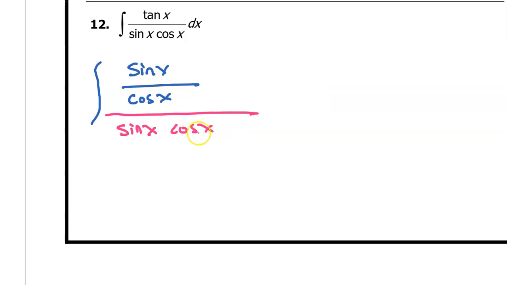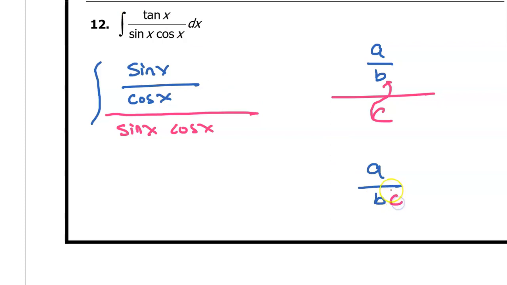When you divide a fraction by something, side lesson: if I have a over b, and then I wanted to divide that by c, the c just joins the denominator. So this would be the same thing as having a over b times c.